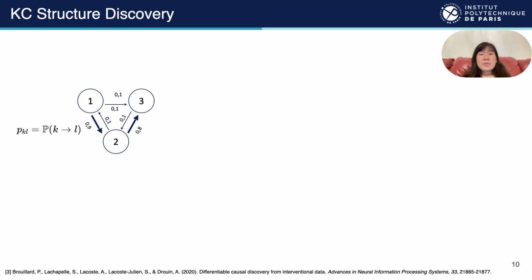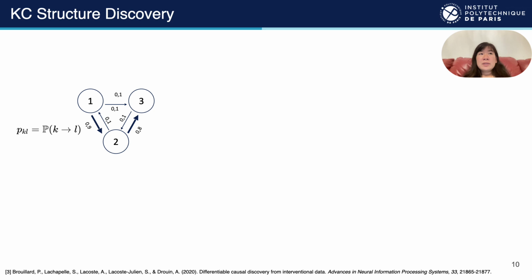We also suppose that the knowledge components can be discovered and can be represented as a graph. So initially, the graph of all these 3 knowledge components is all connected.